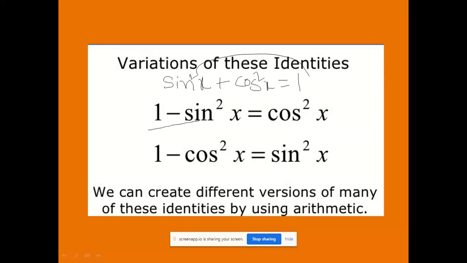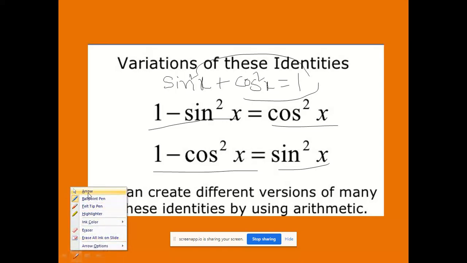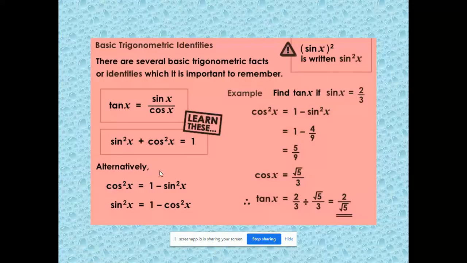Minus. So 1 minus sine square x is equal to cos square x. Otherwise, if you bring cos square x to this side, then 1 minus cos square x is equal to sine square x. We can create different variations of these identities by using arithmetic. Like this, we can write in many ways.